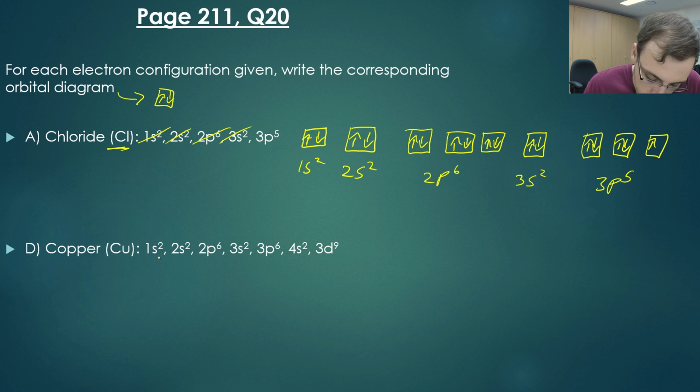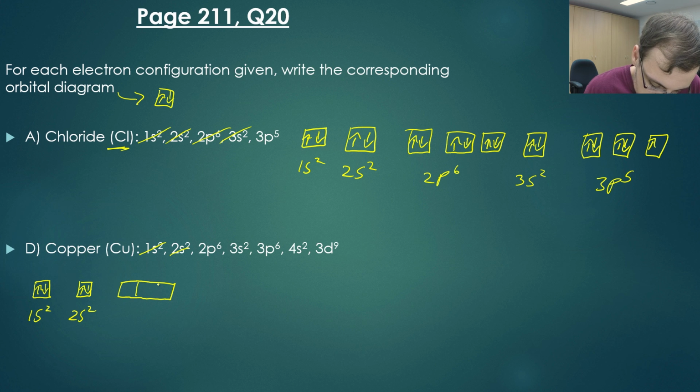Same deal, we have 1s2, so up, down. 2s2. 2p6, so 1, 2, 3, 4, 5, 6. Excuse my messy handwriting. So 3s2, 1, 2.